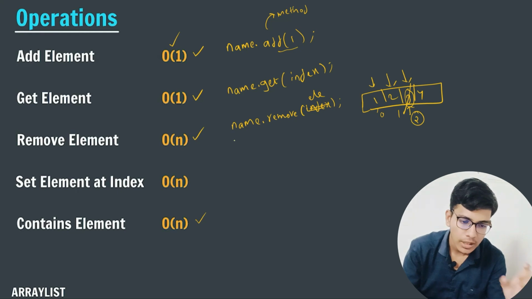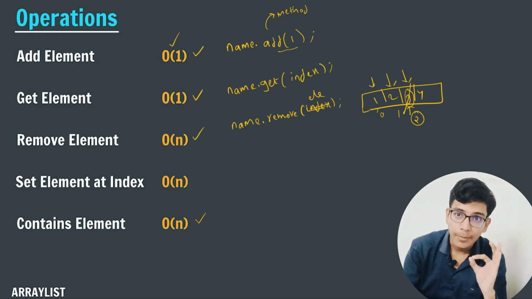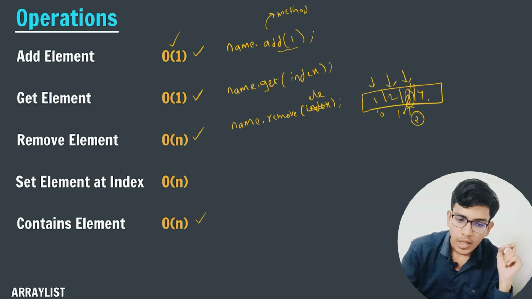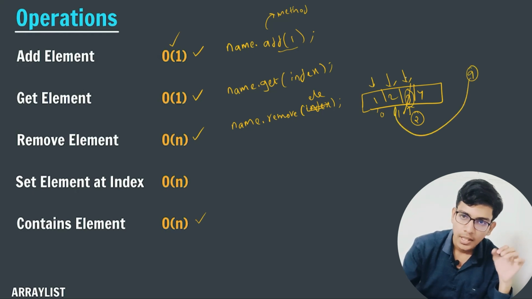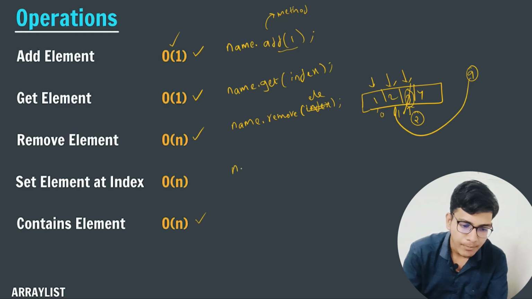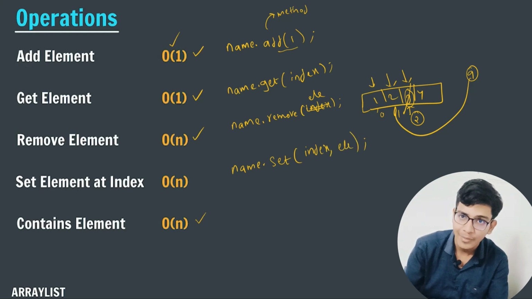Now let us talk about if I want to set a particular element at a particular position. If I want to set 9 at the first index, then I will write name dot set. First of all I will write the index at which I want to insert, after it my element, which element I want to insert.